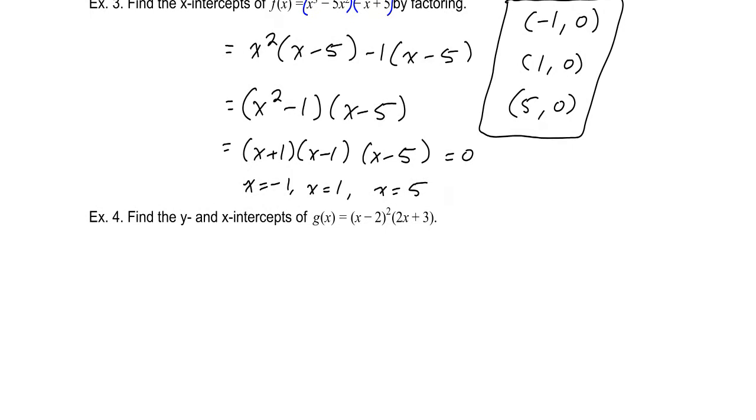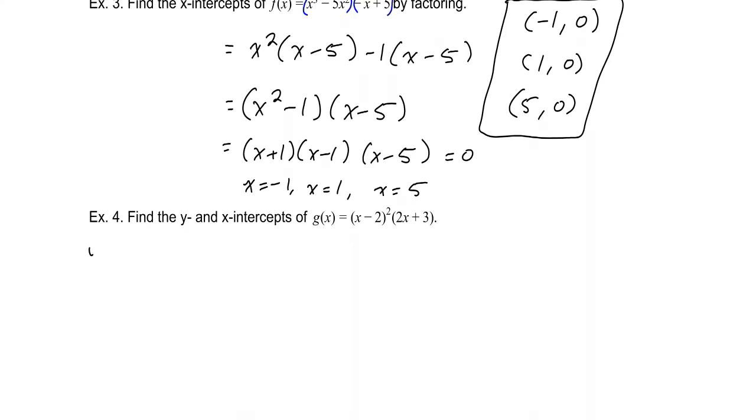Example 4 is find the y and x-intercepts. To find the y-intercept, we will set x equal to 0. Okay, so we'll find f of 0, which is 0 minus 2 squared, 2 times 0 plus 3.